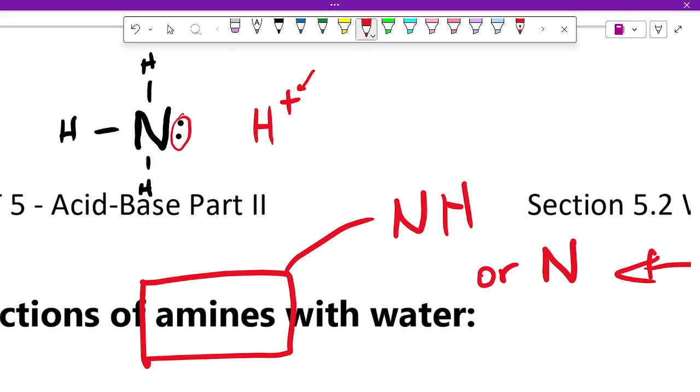So what will happen is you will end up with N with the original 3 H's. And then you'll have that plus charge there still, okay? So it is that lone pair on the nitrogen that allows it to grab onto the hydrogen.